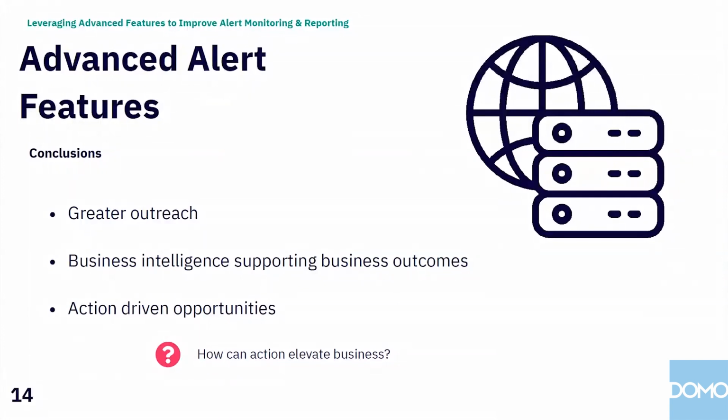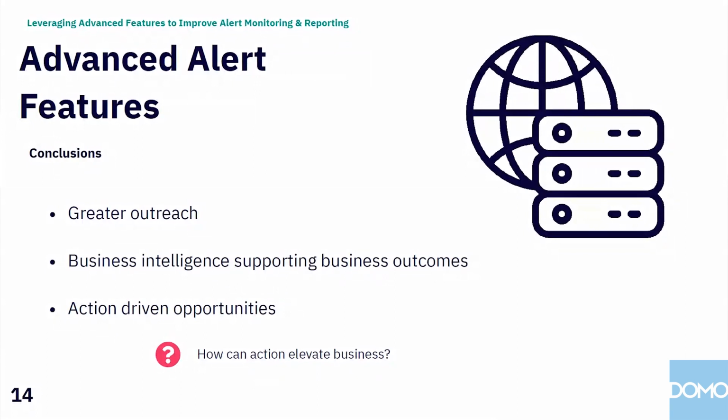So once again, the question that I've been stemming off a lot of these conclusions is just to think more about what this could mean for your business or where you work, and how these type of actions can elevate business. I mean, really, it all comes back down to the data you have at your fingertips and what you can bring into Domo.